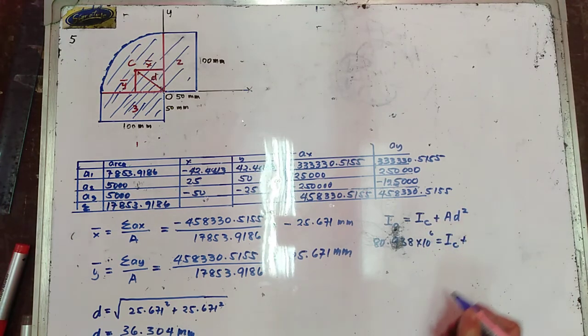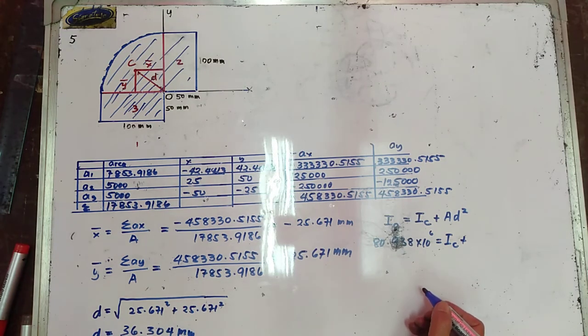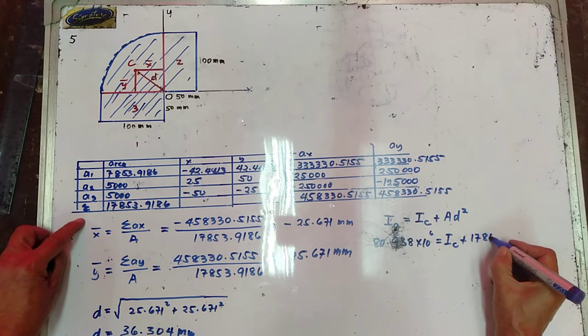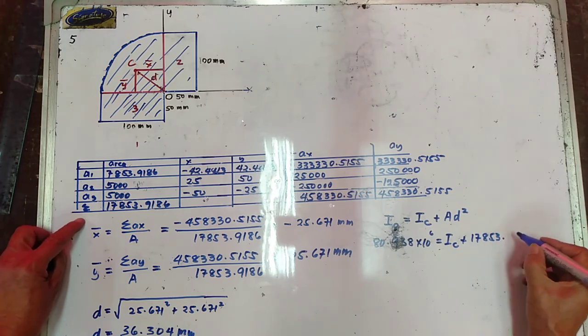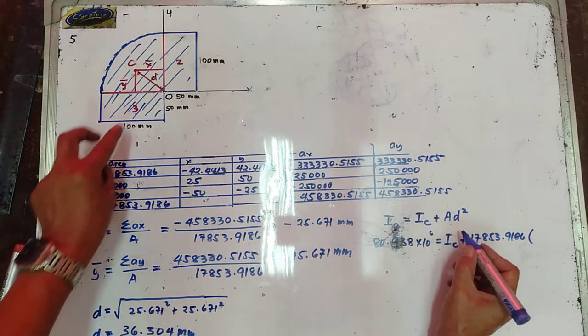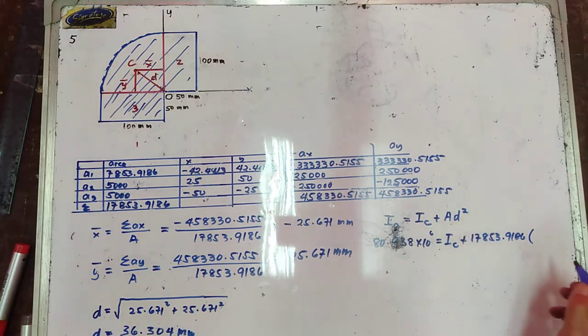IC plus, we now have the area, 17,853.9186, multiplied by D squared, and your D is 36.304 squared.